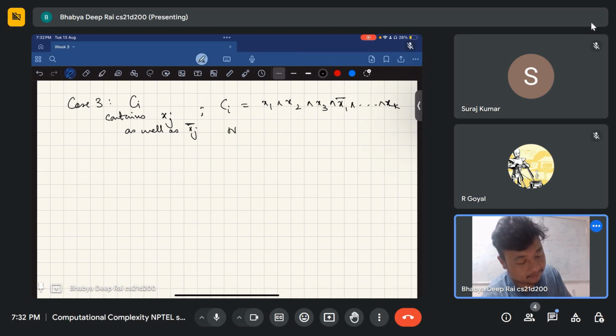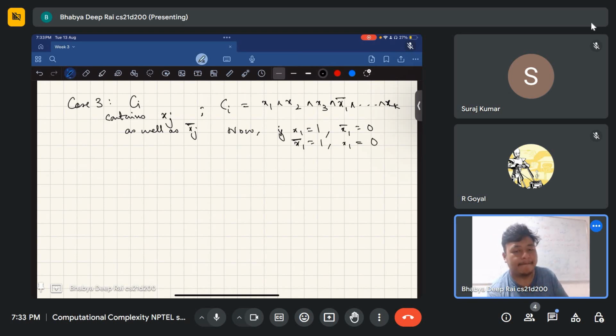Now if x1 is set to 1, then x1 bar equals 0, and if x1 is set to 0, then x1 bar is 1.